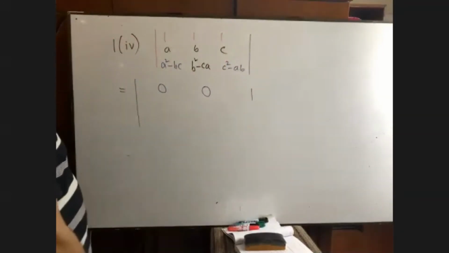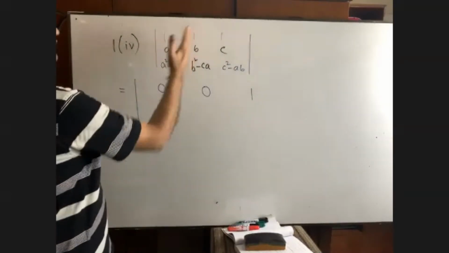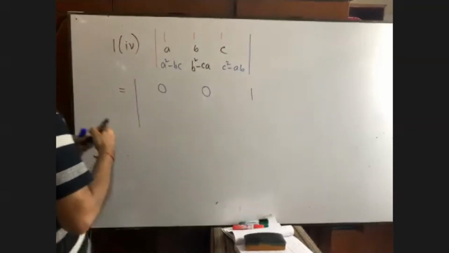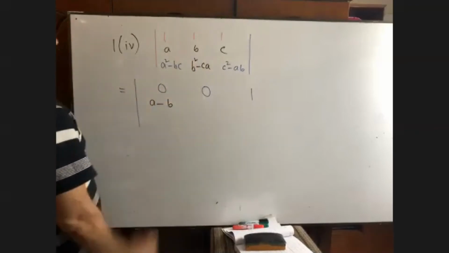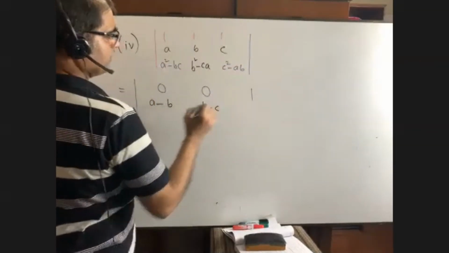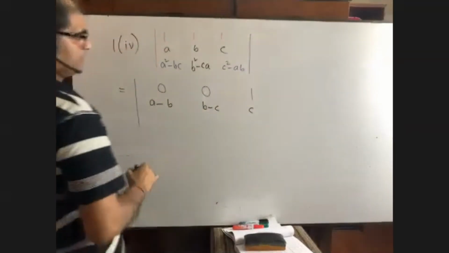What we are going to do here is this column minus this column. Here I am going to write down A minus B. I am going to write down B minus C. And here, as it is C, has been kept.